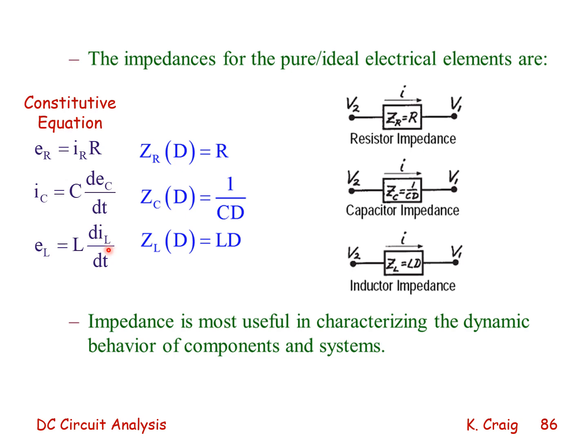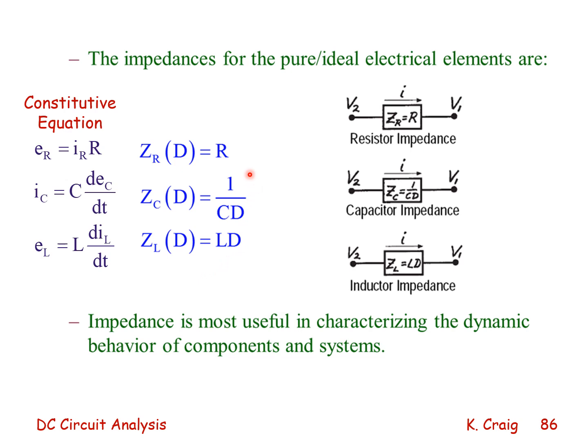If we just apply the differential operator, we see that this derivative of voltage across the capacitor can simply be represented by a capital D times that voltage. And the rate of change of the current through an inductor can be represented by simply a capital D times that current through the inductor.